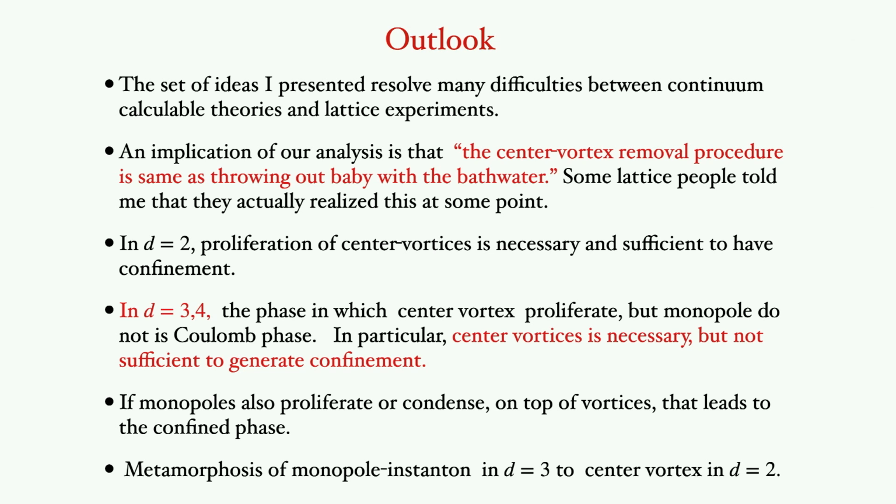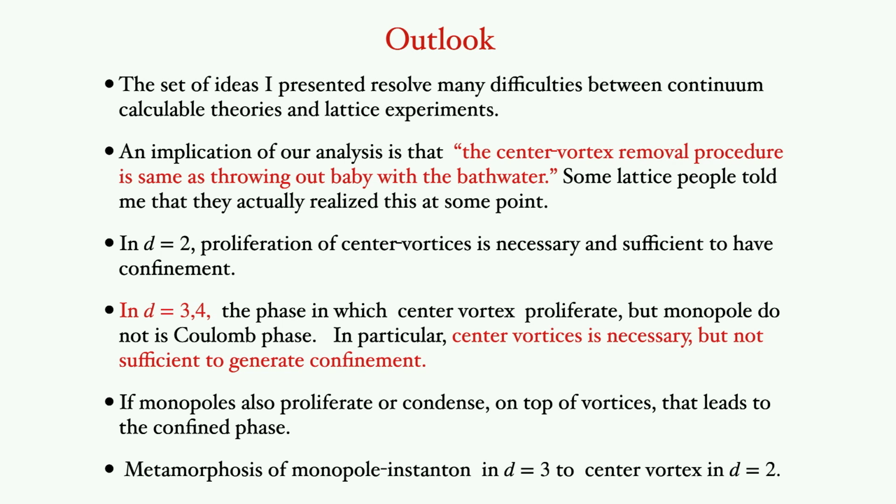There was a remark that Mike Tepper made: where are the center vortices in the U(1) Polyakov model? The point is they are already condensed. If you do not have monopoles, the Polyakov model is in the Coulomb phase.